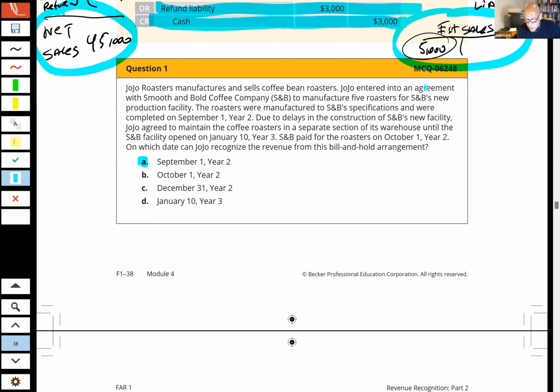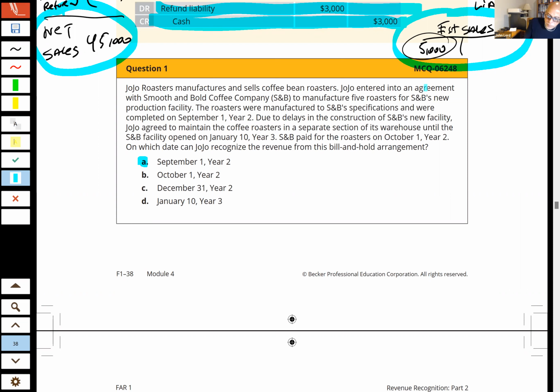The roasters were manufactured to the specifications, and were completed on September 1st, year 2. Due to delays, the new facility is not available. And so they agreed to maintain the coffee roasters in a separate section of the warehouse until the facility opened on January 10th. SB paid for the roasters on October 1st, year 2.